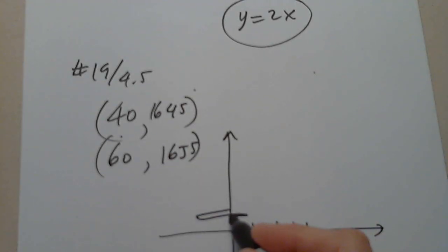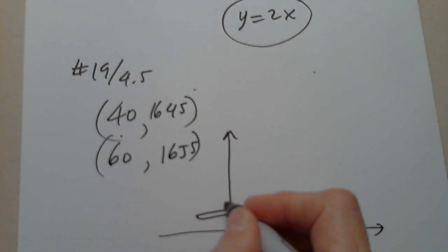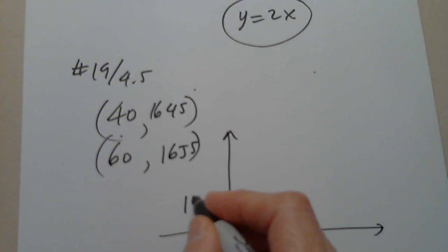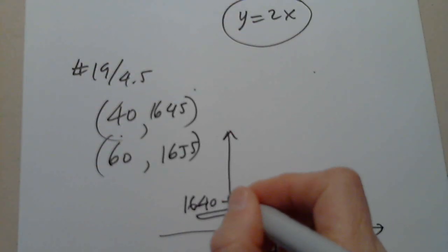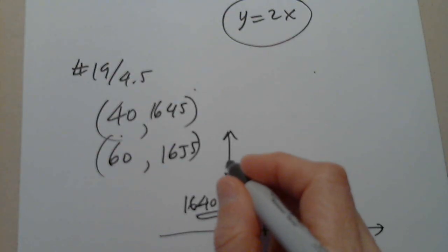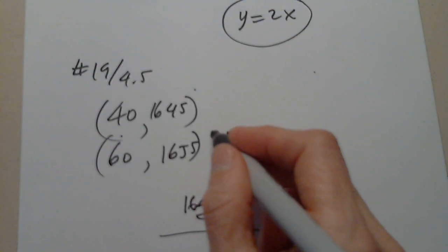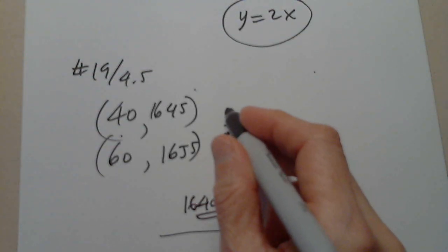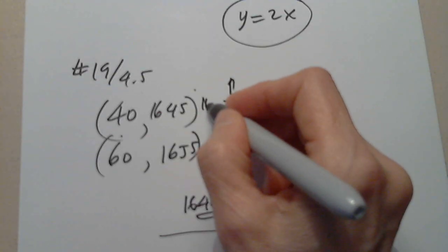I'm going to break the y-axis. So I'm going to say 1640, 41, 42, 43, 44, 45, 46, 47, 48, 49, 50, and then 1, 2, 3, 4, 5. So this is 1655.